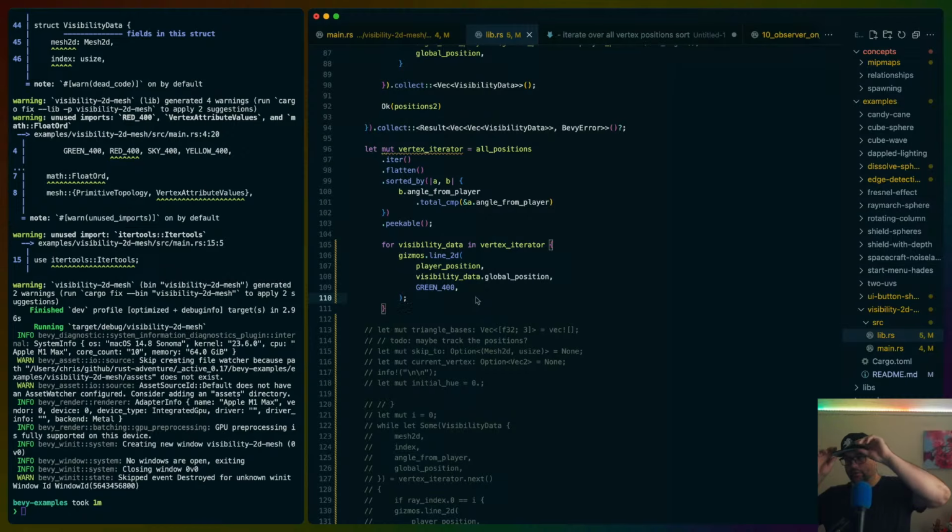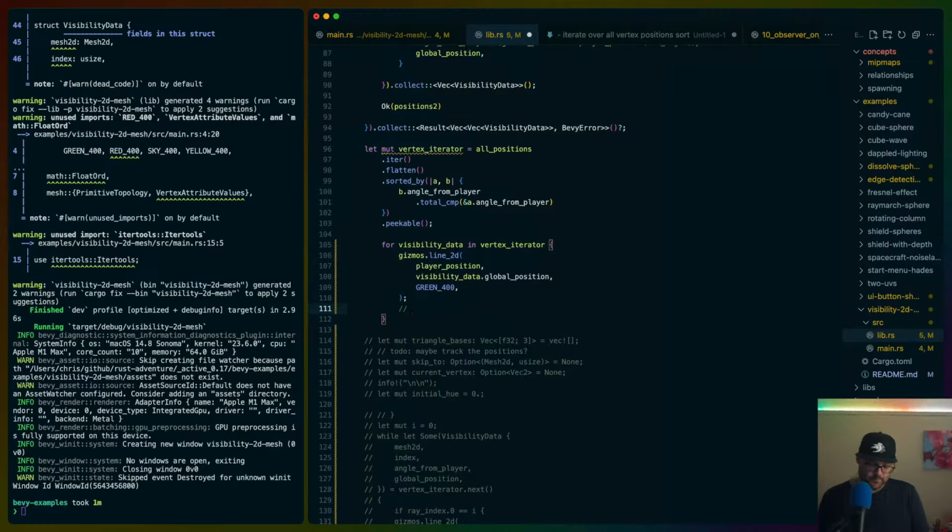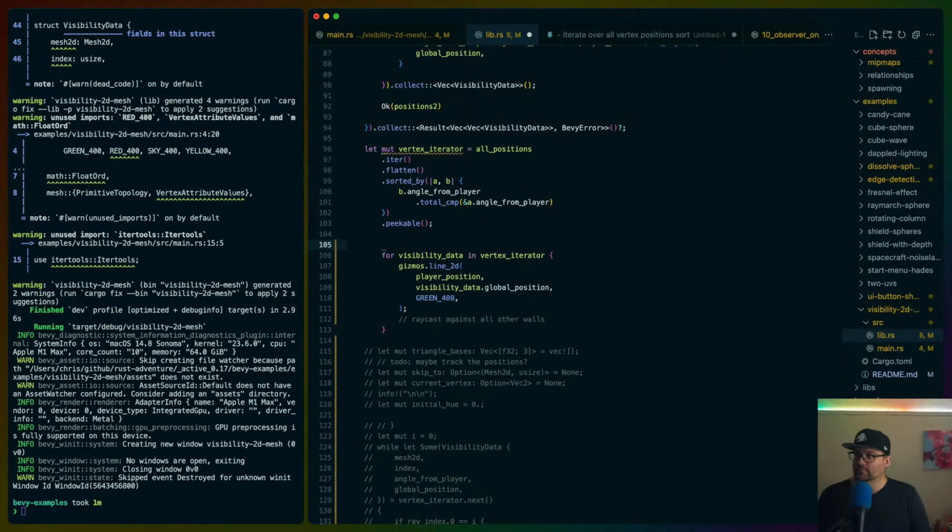Okay, so we have all of the vertices that we're going to have to do. For each vertex, raycast against all other walls, right? So really, this is going to be like a vertex iterator inside a vertex iterator.